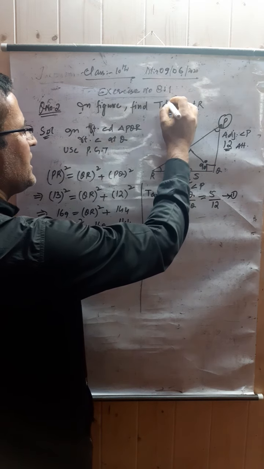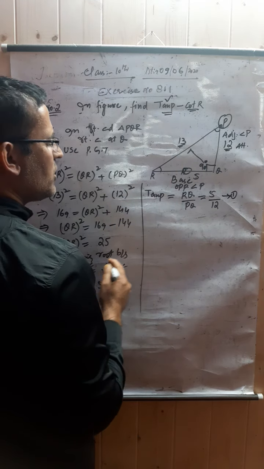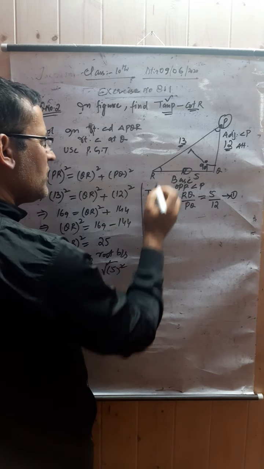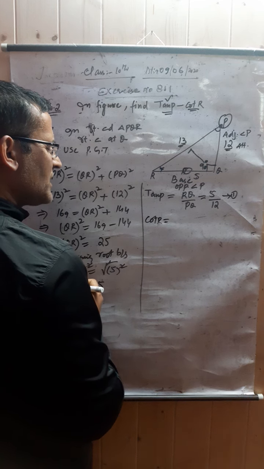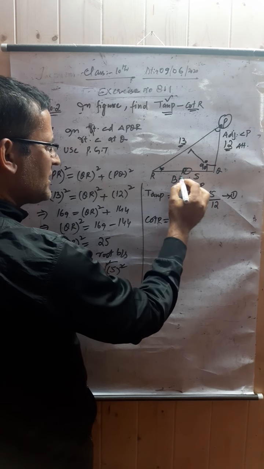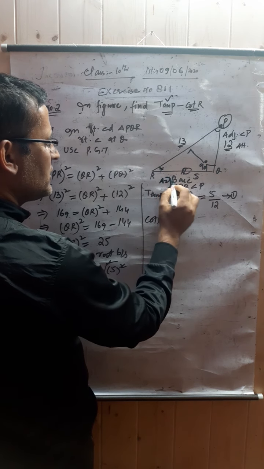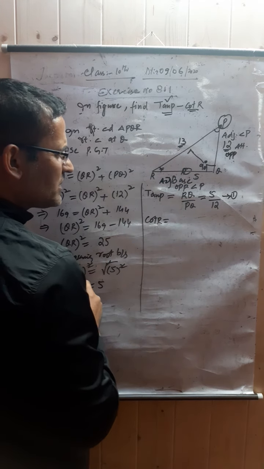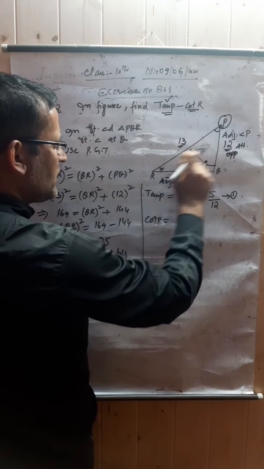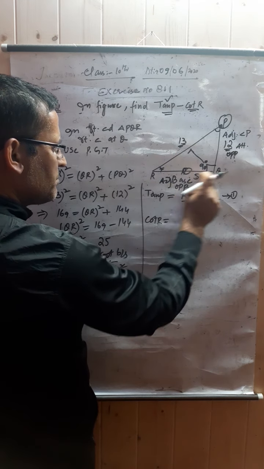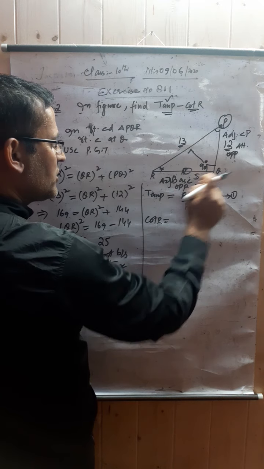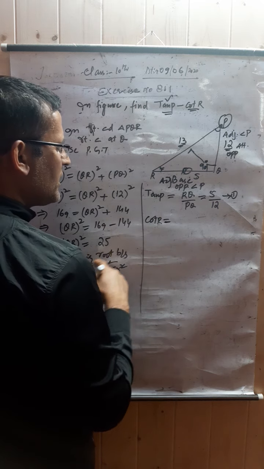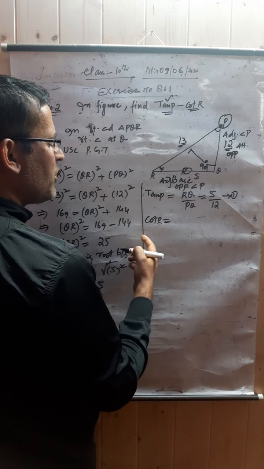After getting tan of P, we have to focus on cot of R. So write down cot of R. This is the angle under consideration here. Now this side will act as the adjacent side, and this side will act as the opposite side, because angle R is under consideration, and the PQ side is opposite to angle R, and RQ is the adjacent side of angle R. So cot is the reciprocal of tan, adjacent side upon opposite side.